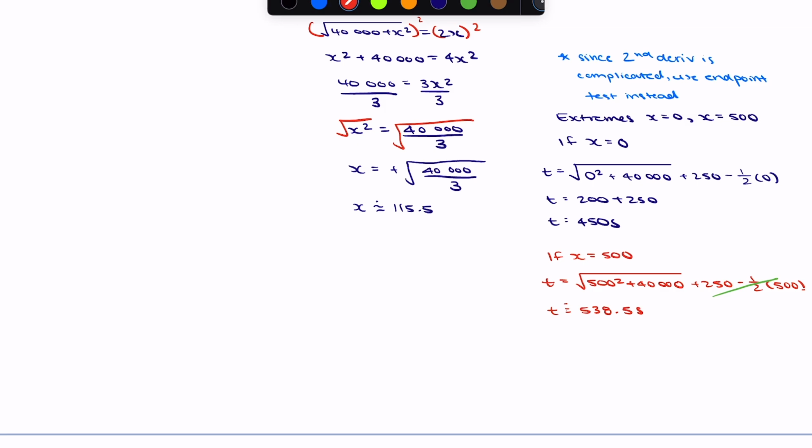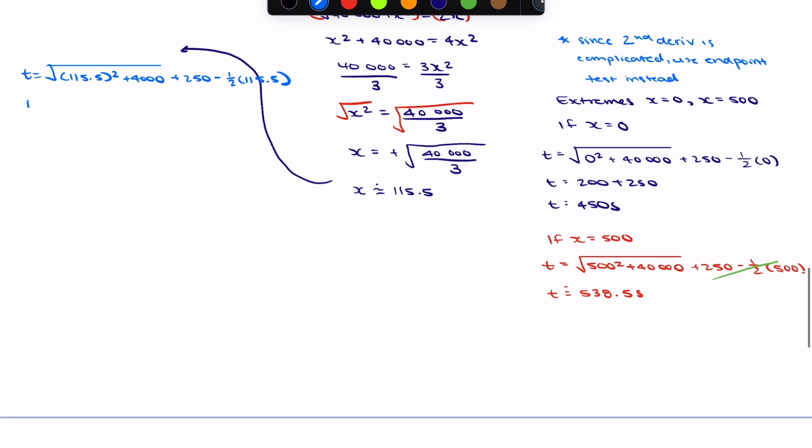And so here now we'll sub in our value of 115.5 into our equation. So let's do that here. So here we'll get t is equal to square root 115.5 squared plus 40,000 plus 250 minus 1 half 115.5.